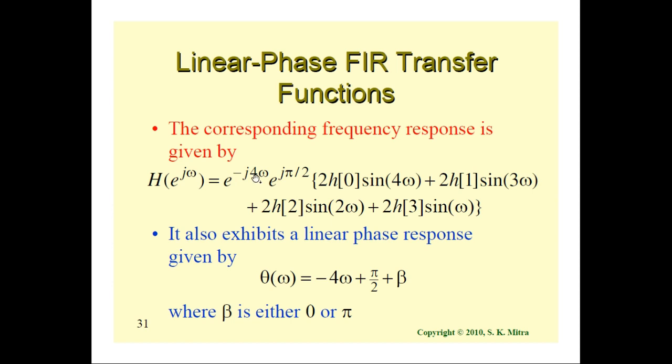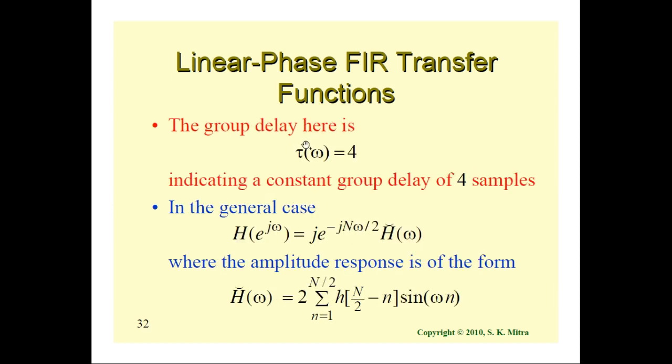The phase function is given by minus 4ω plus π/2 plus some constant β, which is either 0 or π. Taking the negative derivative of the phase function, we get a group delay of 4, which is a constant group delay again, as we also noticed in the case of the type 1 filter.